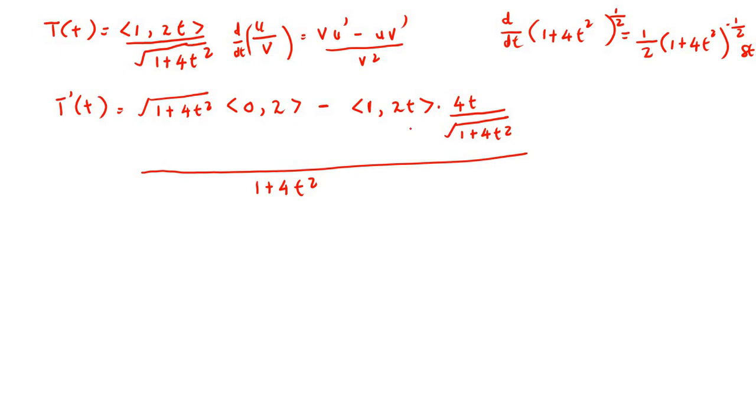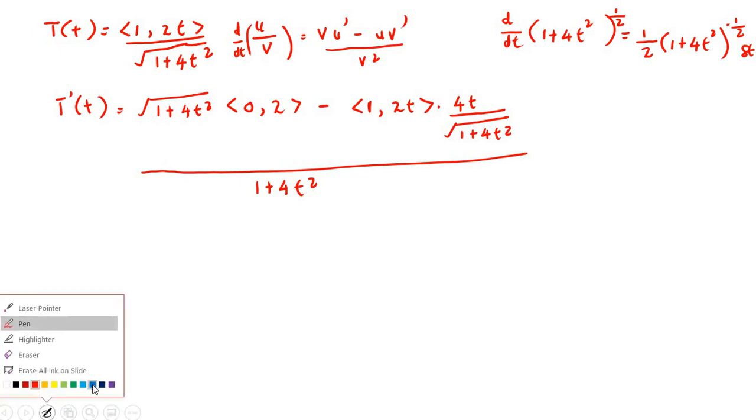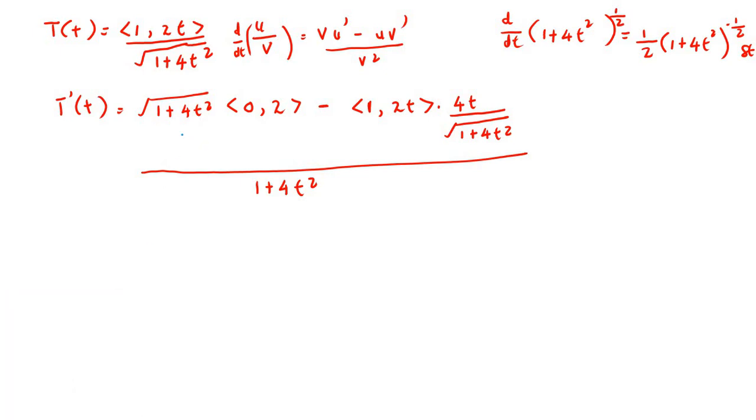Okay, and now for the second term, we have to divide by the square root. If I want to have the same denominator, so that I can combine the first term and second term, I divide by 1 plus 4t squared, then I need to multiply by the square root of 1 plus 4t squared. Exactly, multiplying by 1 won't affect the result.